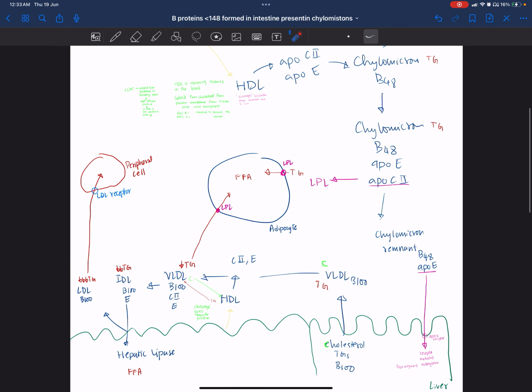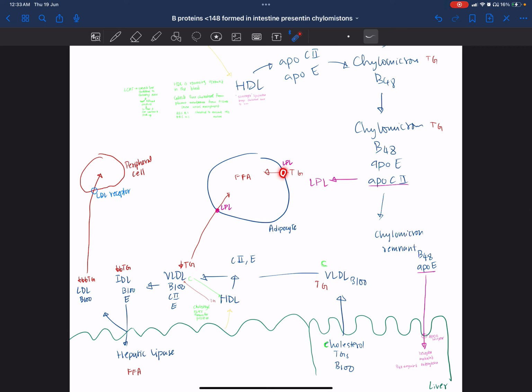The adipocytes will have something called LPL, lipoprotein lipase, on their surfaces. Now, the C2 that the chylomicron took from the HDL is required so that the adipocyte uses its LPL. So the C2 and LPL are related.